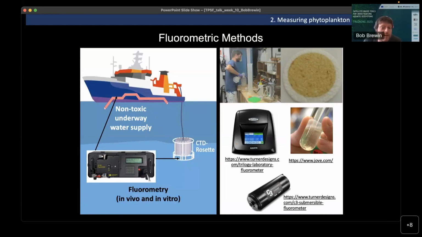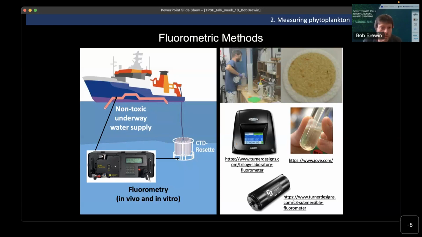Now that can either be from a CTD rosette, so you lower the CTD vertically throughout the water and you snap the Niskin bottles shut at various depths, and you can take that water on board and you can filter it, and then you can put the filters into some chemicals to extract the chlorophyll concentration, and then you can measure that in a fluorometer.